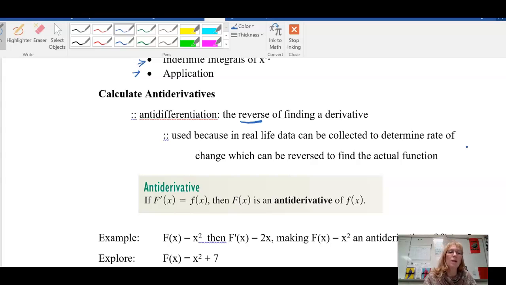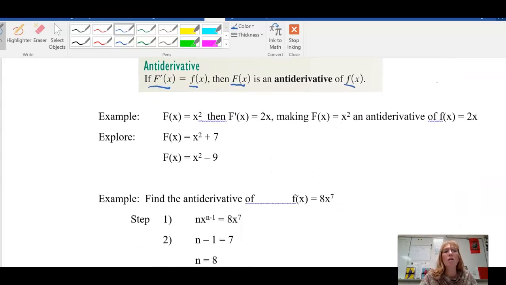So now when you're looking at this here, a capital F prime equals little f. So if the derivative of my function capital F equals my function little f, then capital F of x is the antiderivative of f of x. Let's see if we can put that into some logic here. We're going to use x squared because everybody knows x squared.